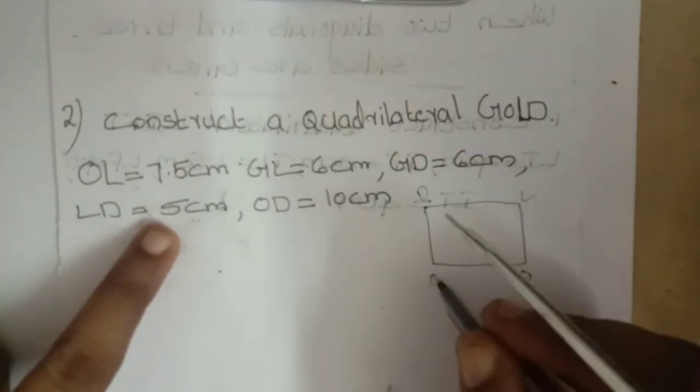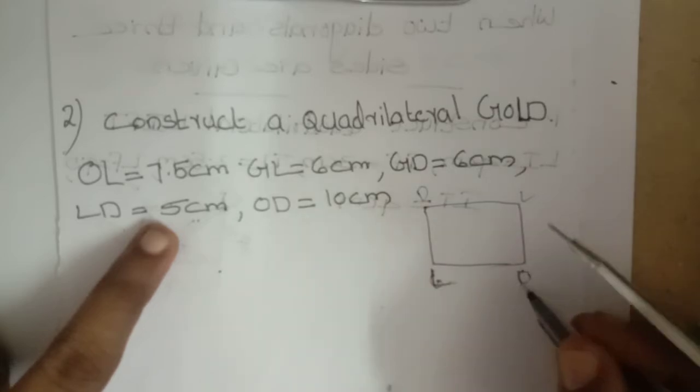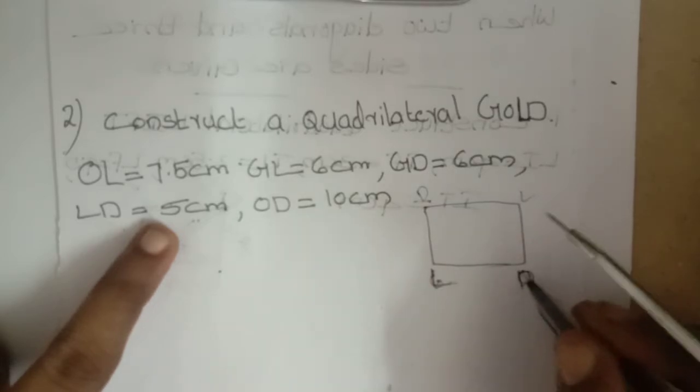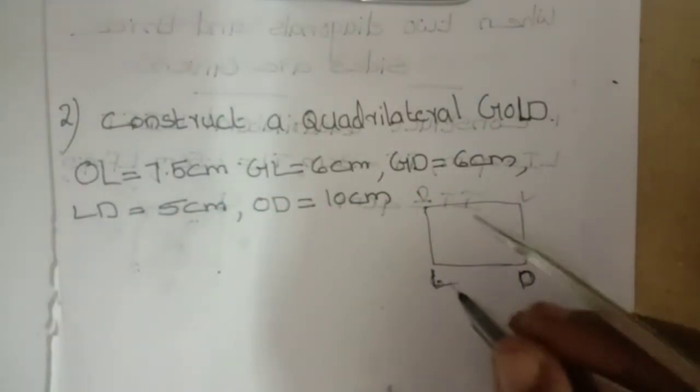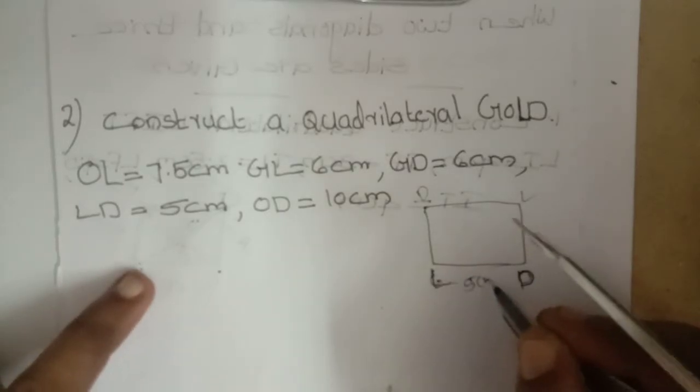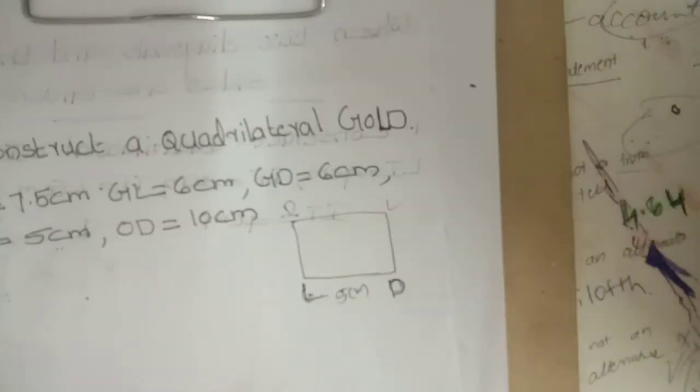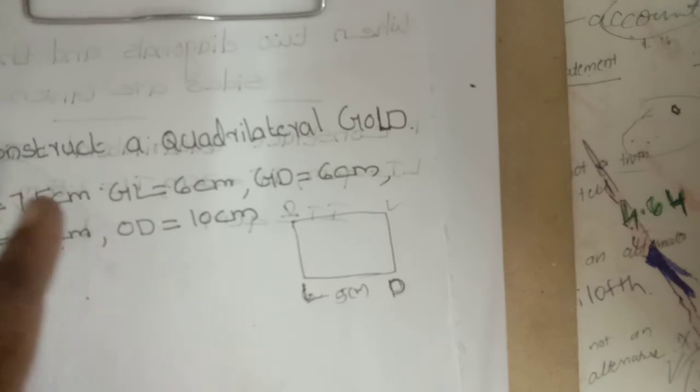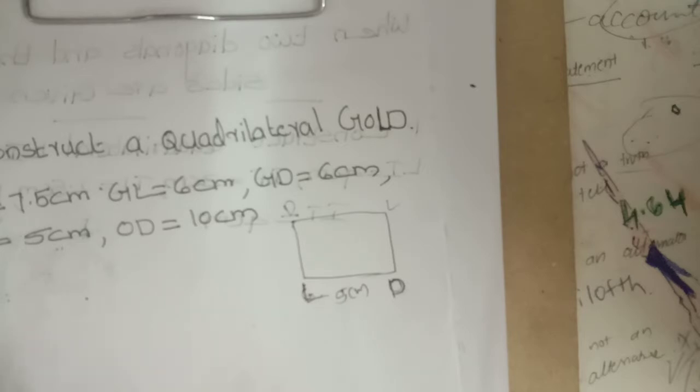That's why here you consider LD as the baseline. Mark LD as 5, not GO. Why? Because the GO measurement is not there. That's why we can't start with GO as the baseline. LD is the baseline.